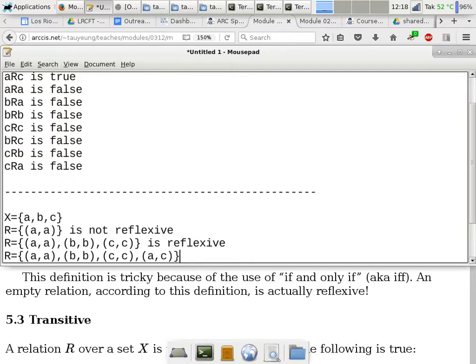Would that be reflexive? Does it still meet that requirement that every element in X relates to itself? They still relate to themselves, we just have some extra stuff here. So it will still be reflexive. This is still reflexive, not a problem. Is that okay?